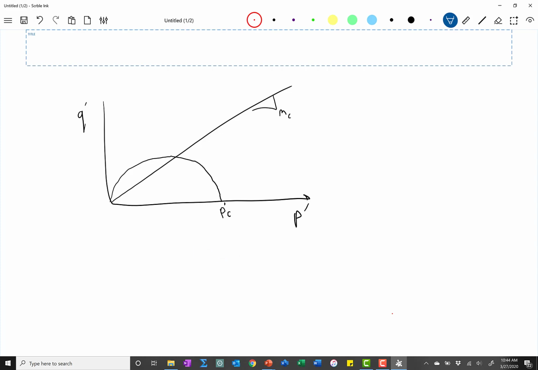Now, here's the rule though. If the effective stress path ever reaches the yield surface, the effective stress path can never go outside of the yield surface. So even if it wants to move outside, the yield surface will expand and essentially grow to accommodate that stress path going outside of its boundaries, okay?